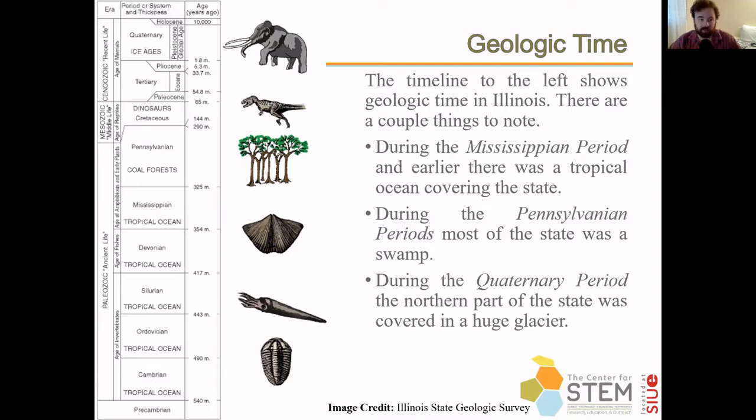The Pennsylvanian period is just after that, and that was when the seas had retreated a little bit. You got a lot of coastal swamp areas that led to some of the coal deposits, as we'll see. There's not a lot from the time of the dinosaurs, the Mesozoic period, but the Quaternary period, the most recent from the Ice Ages, is where we get all of our glaciated features.